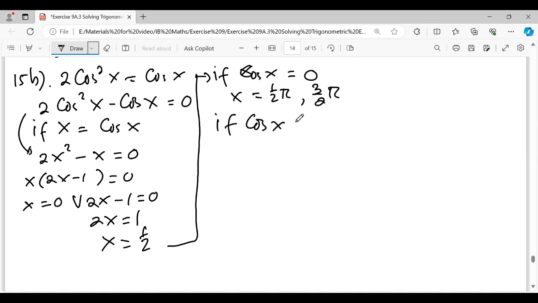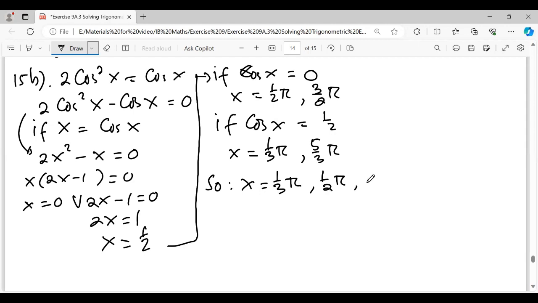If cosine x equals half, x are 1/3 pi and 5/3 pi. So x are 1/3 pi, half pi, 3 half pi, or 5/3 pi.